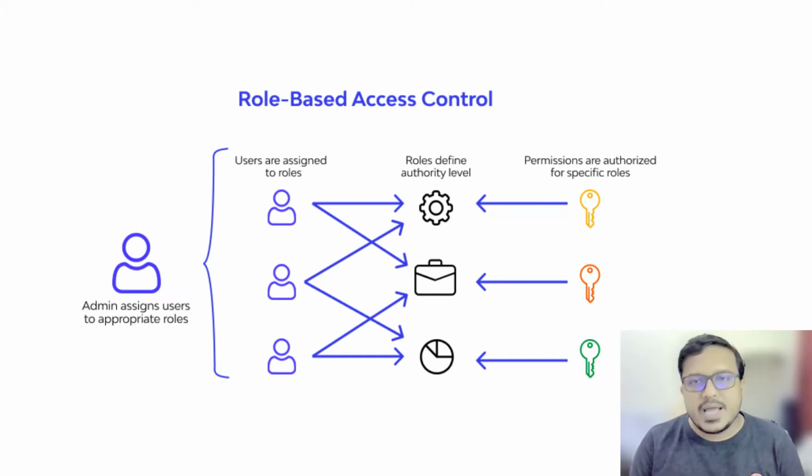And in the RBAC model, what we do is we define roles for the organization and for the user. And it doesn't matter whether these are individuals, groups, or service accounts. And for each of these roles, we define the least amount of permissions necessary to enable the user to do their job.